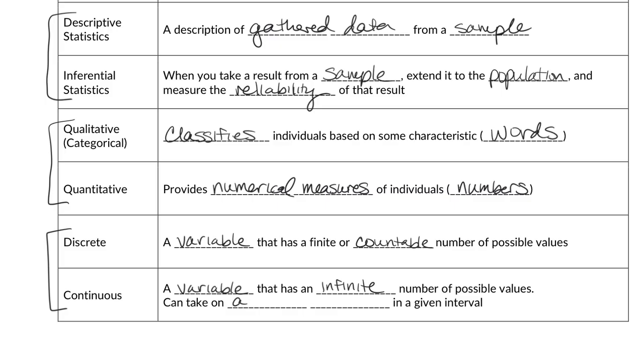They can take on any value in a given interval. Continuous are usually things that are measured. Discrete is things that are counted. That's the main difference there. Woo-wee, that's a lot of vocabulary. We're halfway through today. These first few days are very heavy with vocabulary just because we've got to get the language of statistics down.